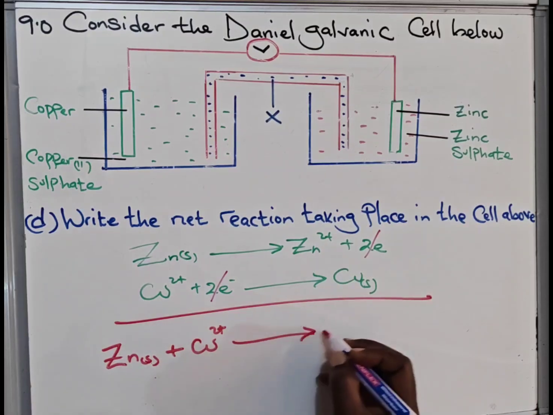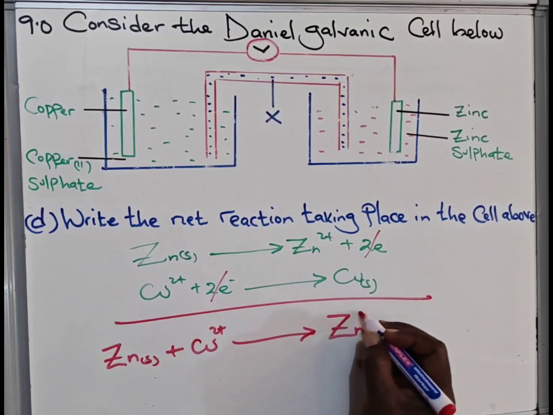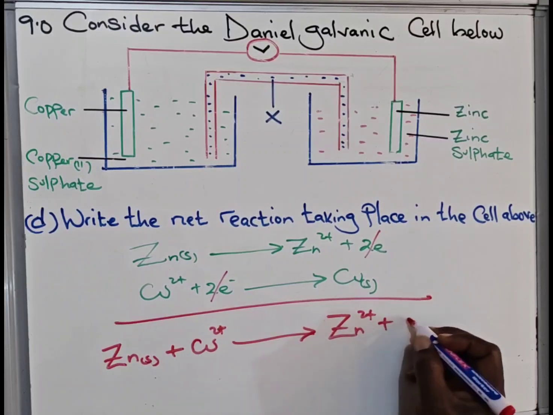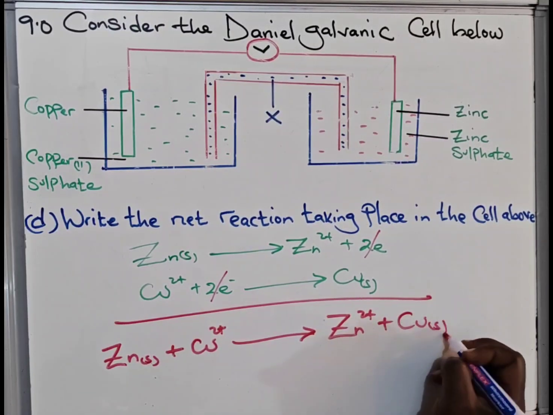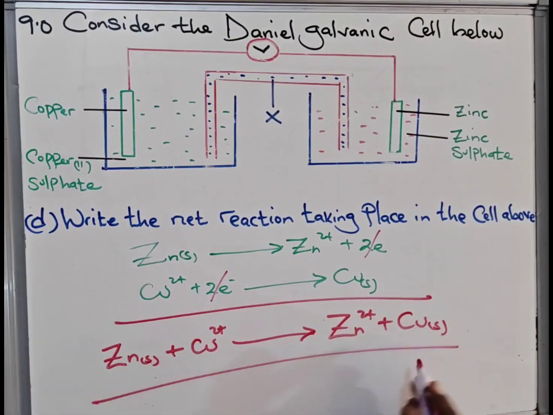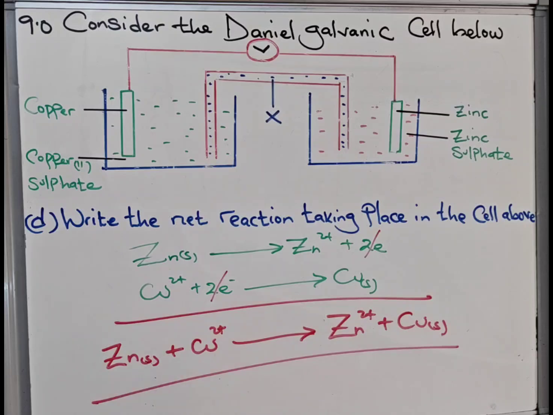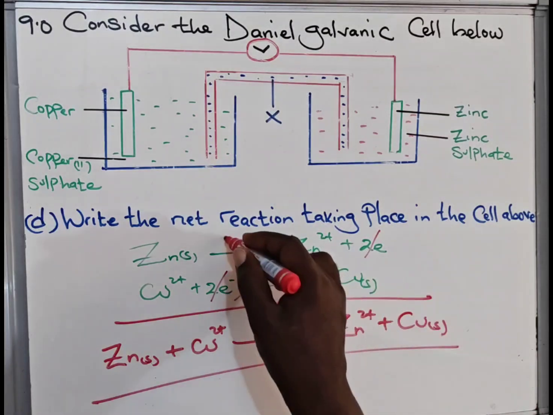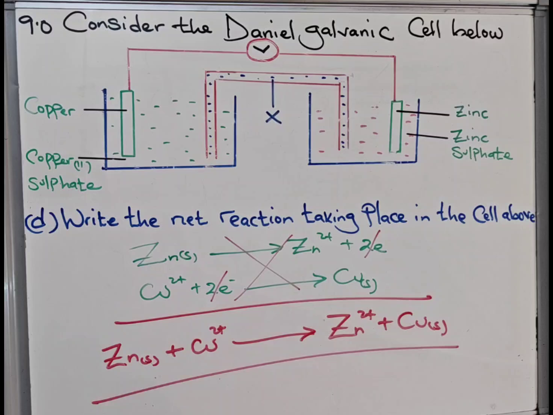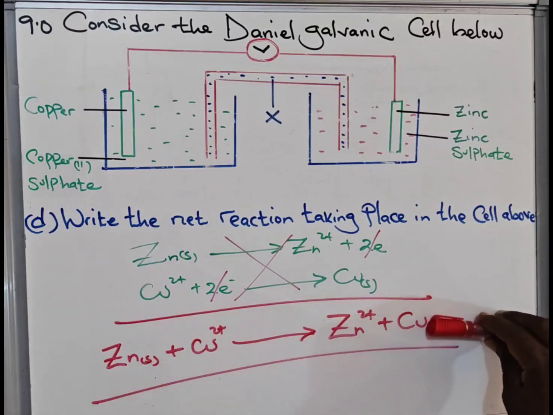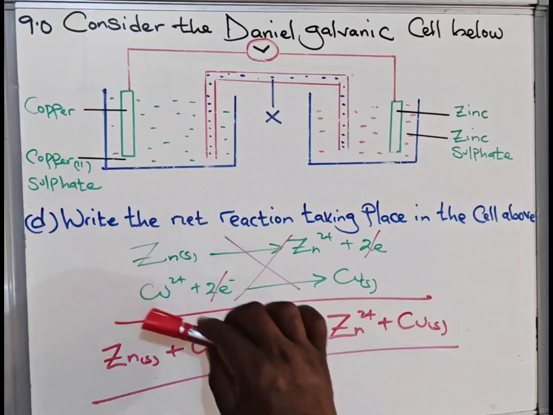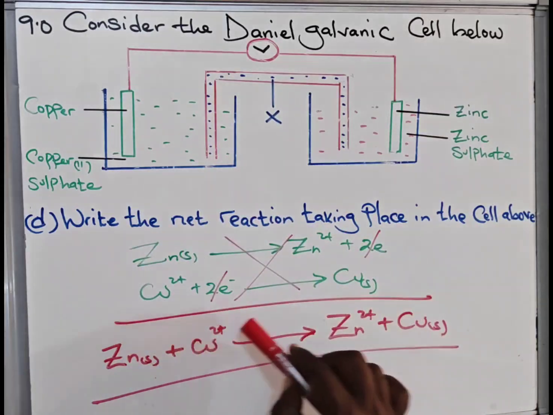This gives us zinc ions plus copper solid. This is what we have as the net reaction. It is recommended that when you do that, you cross out the working such that the examiner can clearly see that this is the net, to avoid being mistaken for this.